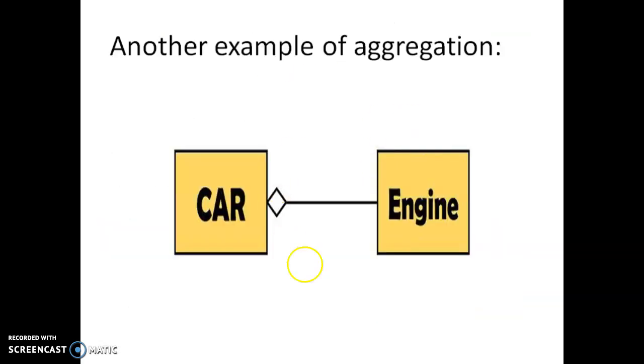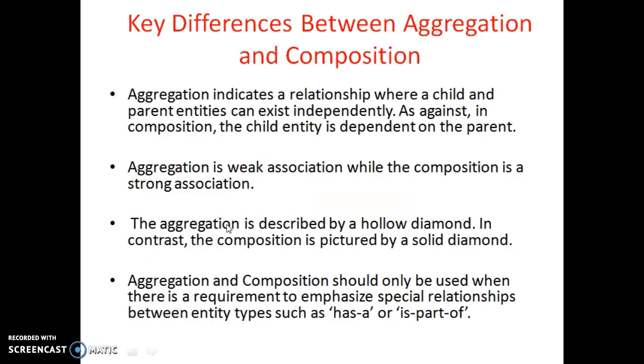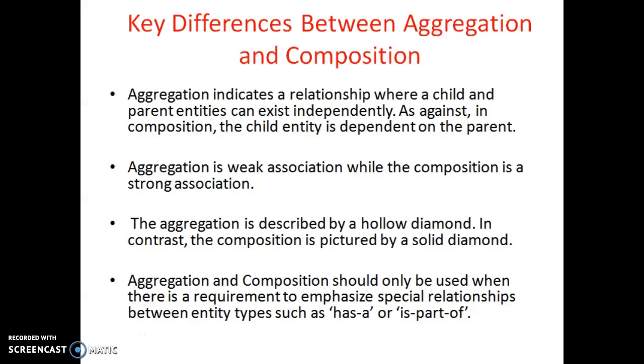Composition is described by a solid diamond. So finally, we can say that aggregation and composition should only be used when there is a special relationship, has-a or is-part-of, between entity types. This is all about aggregation and composition.